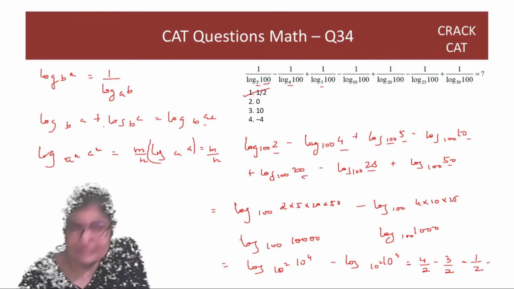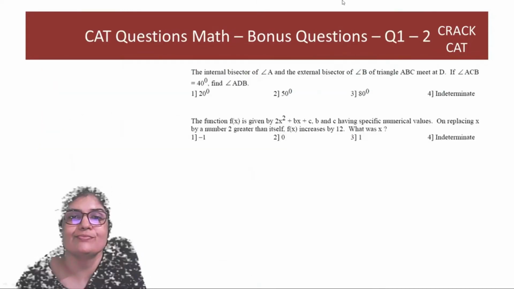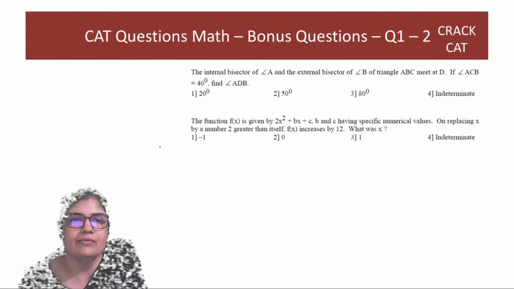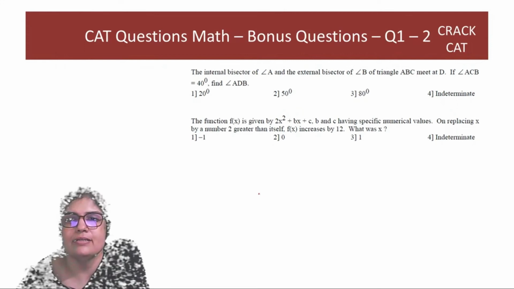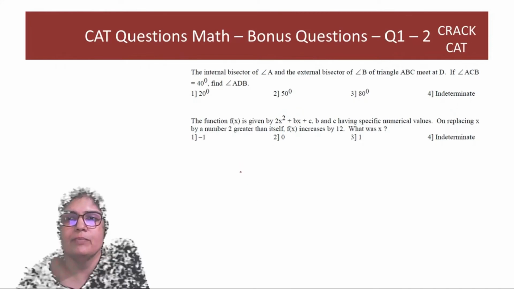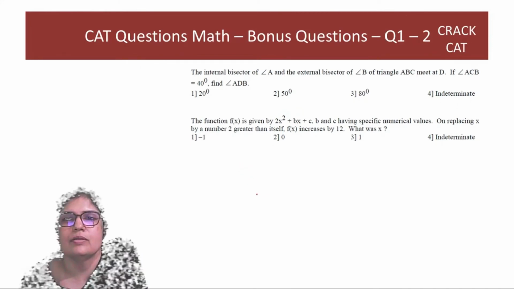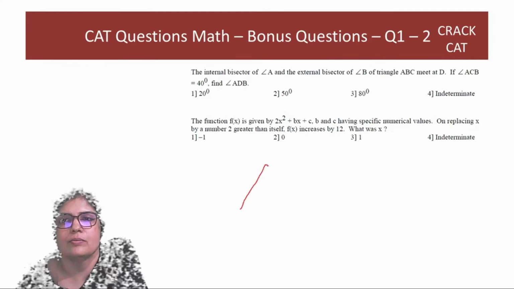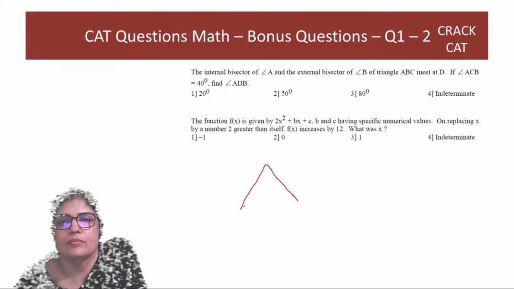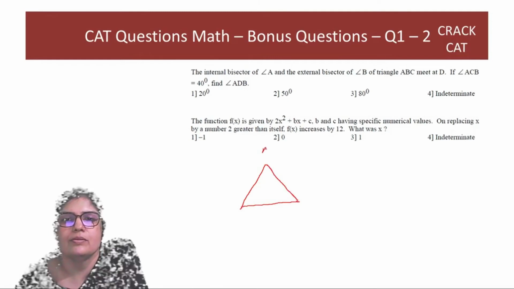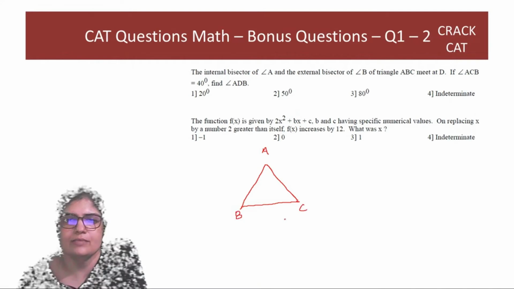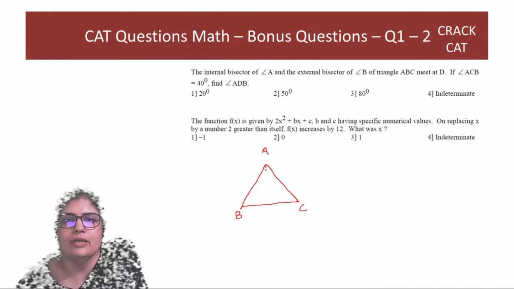Right? Great. Let's look at some bonus questions now, guys. The internal bisector of angle A and the external bisector of angle B. So you have A, B, C. So ये है internal bisector.